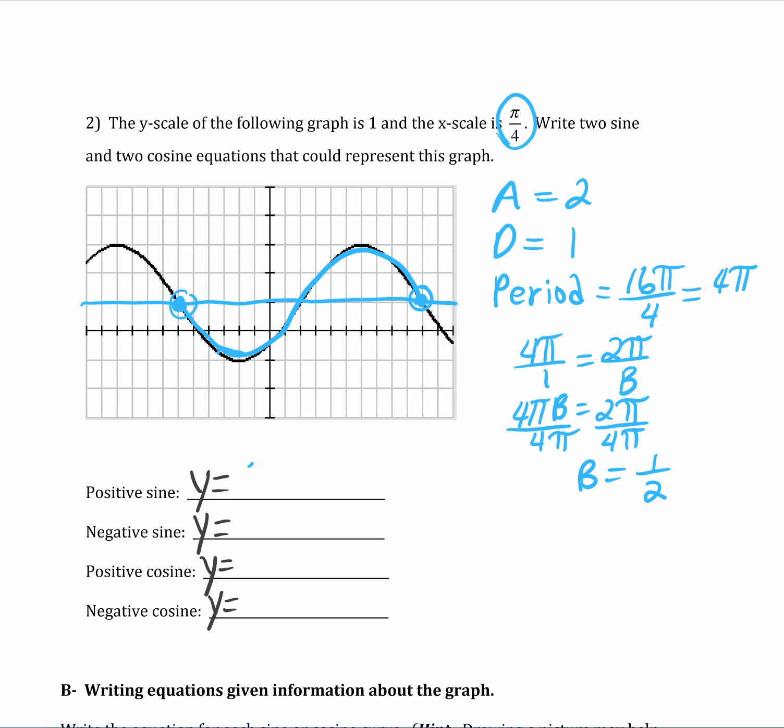And then again, we're just going to alternate positive, negative, positive, negative. First two are sine, the last two are cosine. And then we'll put in 1/2.